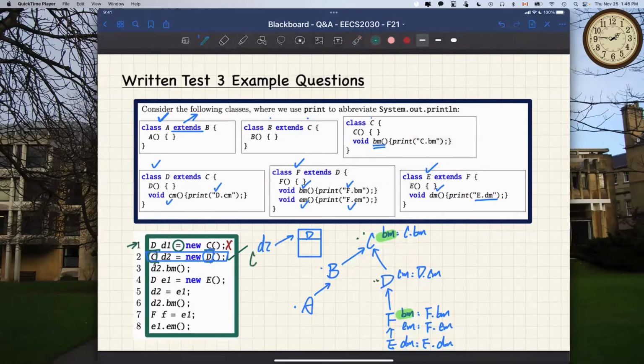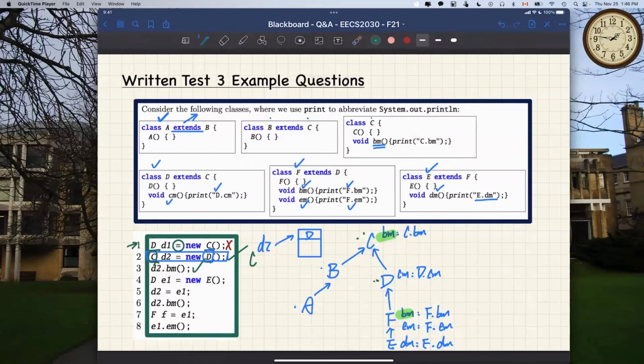Let's now take a look at the next line. What about D2.bm? Whether or not this will compile depends on the static type for D2, right? If you look at D2, D2 statically is C. Does C have BM? C does have BM. So that's going to compile, all right?